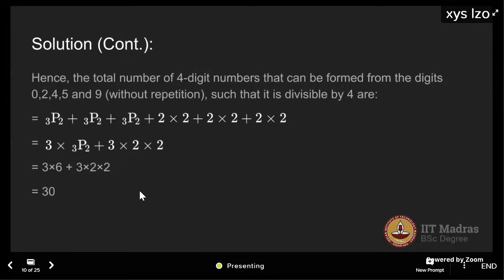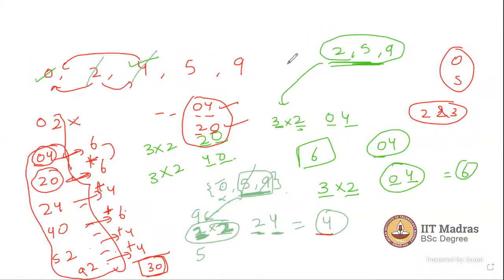I do have a small question here. Why are we choosing P and not C? Because order matters. But when I'm choosing only one digit, it doesn't matter which order I'm choosing, so P and C are the same. But in general, if I increase it, then order matters, right?